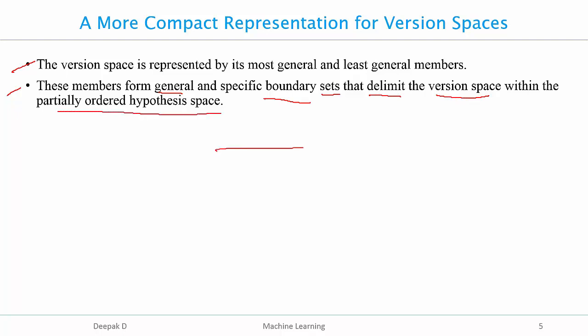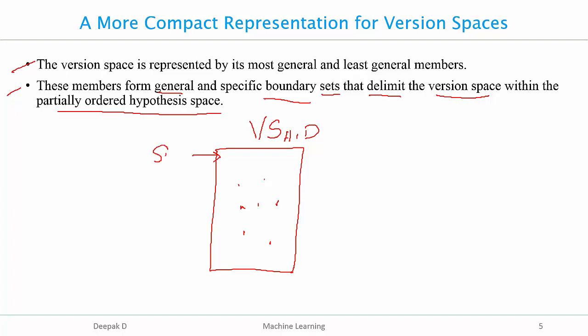So assume that you have a version space with respect to the candidate elimination algorithm. In this version space you have some hypotheses, but here you have one set of boundary, which we can call the specific boundary, and here you have the general boundary.